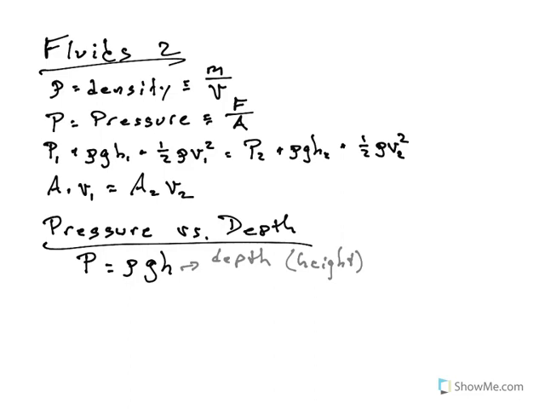Let's say we have an example of a diver who dives 100 meters underwater. How much pressure will he feel? Well, to properly discuss things like this, there's one more thing we have to discuss about pressure, and that is absolute pressure versus gauge pressure.